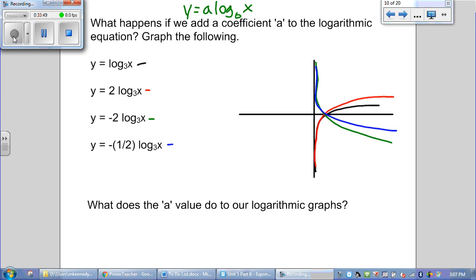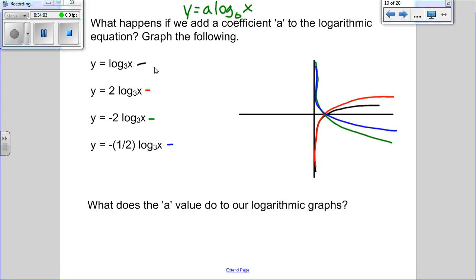You'll notice that these two both went from quadrant 4 to quadrant 4. It also did make it a little bit steeper, a little bit less steep, so it stretched it again. Okay? These two open upwards, or what we would say is went from quadrant 1 to quadrant 2.